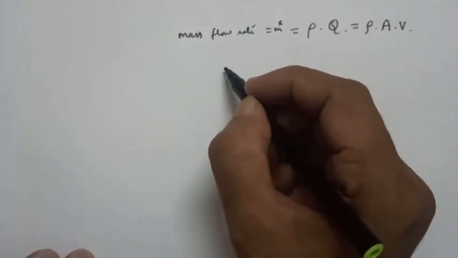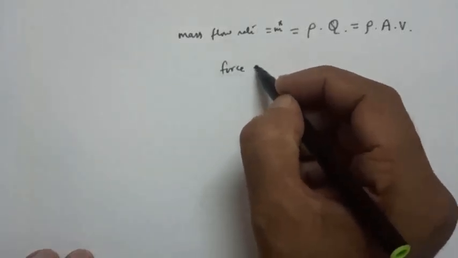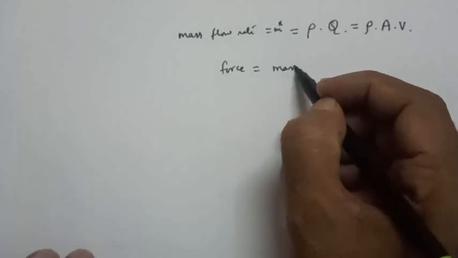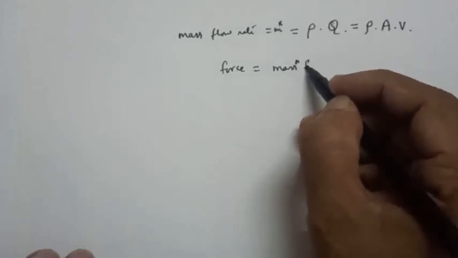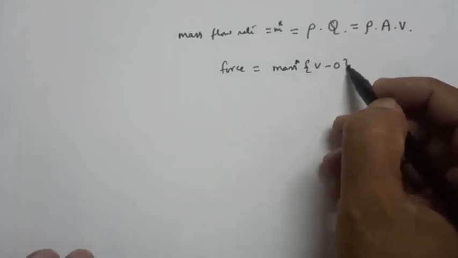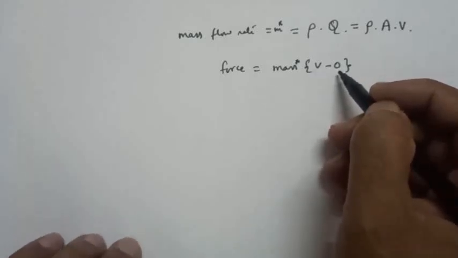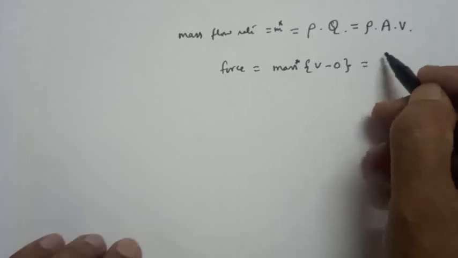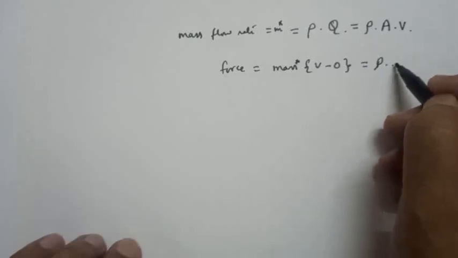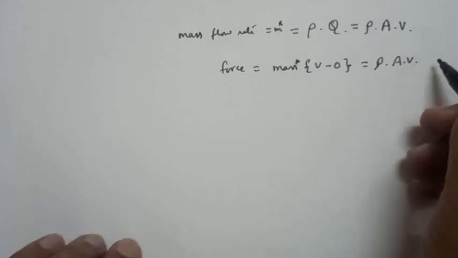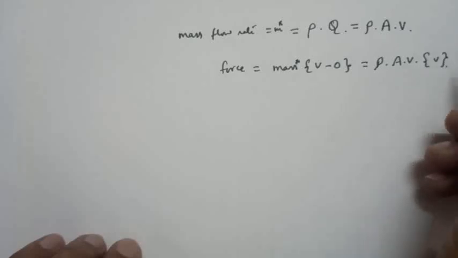This you can substitute in the force equation. So we have mass flow rate into v minus 0, where v is the initial velocity and 0 is the final velocity in the downward direction. So this will be equal to rho into A into V into V.